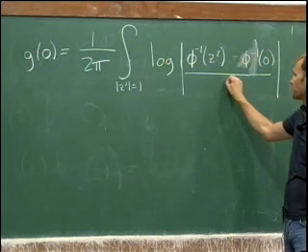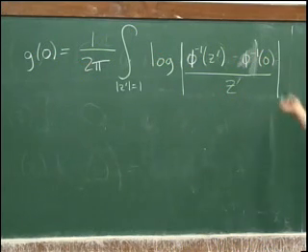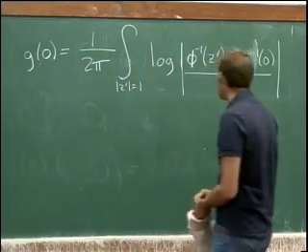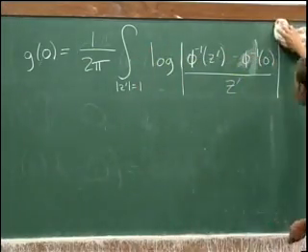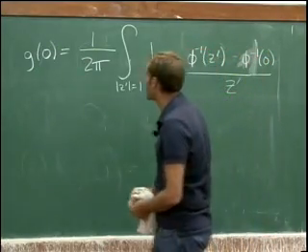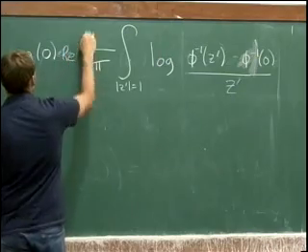Now divide this by z prime, which is fine because z prime has modulus 1, so the log doesn't care about that. Now recognize that I can get rid of the bars if I just take the real part of this thing.